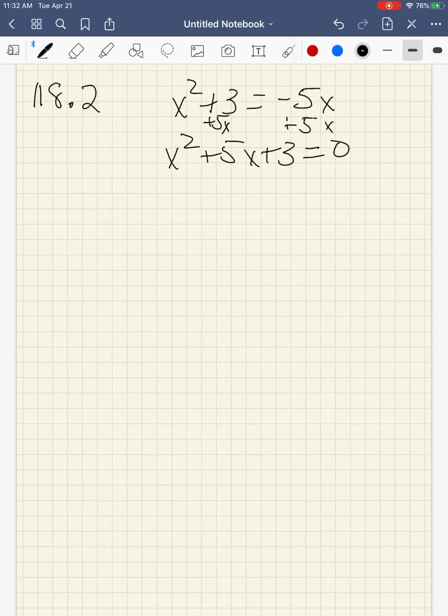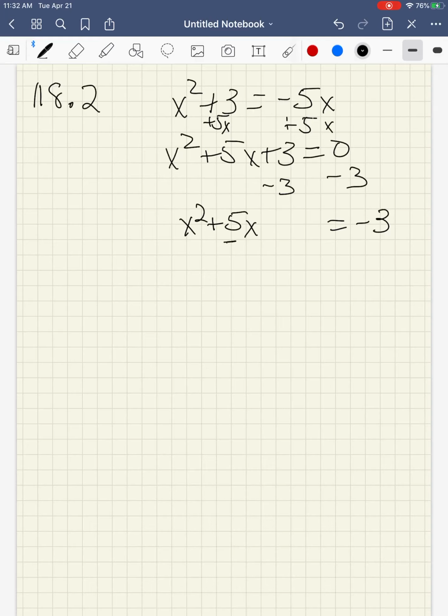And then what did we say to do next? Isolate the constant, right. So that means we're going to subtract 3 from both sides. So x squared plus 5x equals -3. Anybody remember what we said to do next?